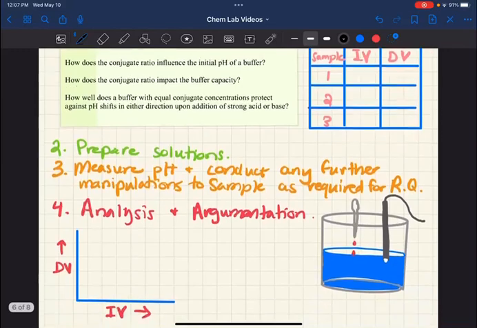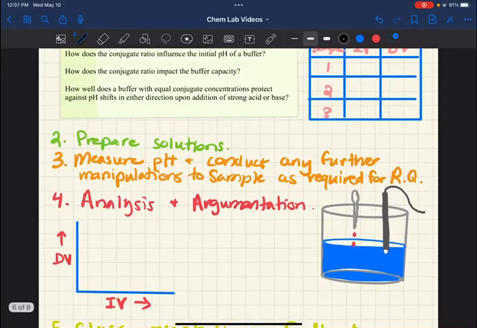So part of this will involve preparing solutions of buffers, and you have some guidelines to help in the planning process for that. You also have some guidelines for what to do in your actual experiment in terms of manipulating the sample according to your research question, so that you're able to measure the pHs that will actually be related to your question. But essentially, pH is what everyone will be measuring in this experiment.